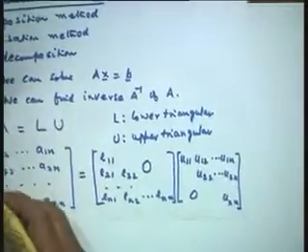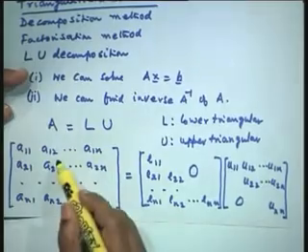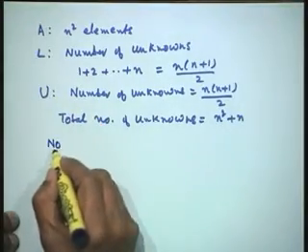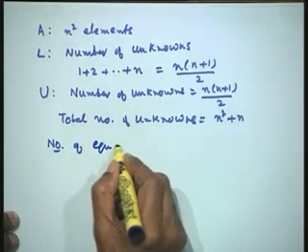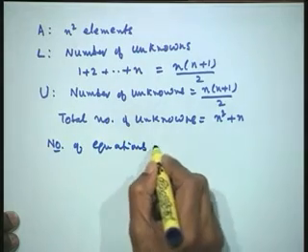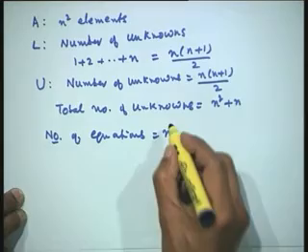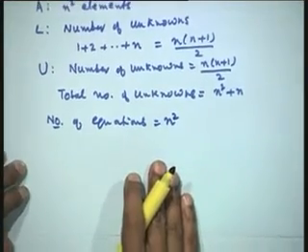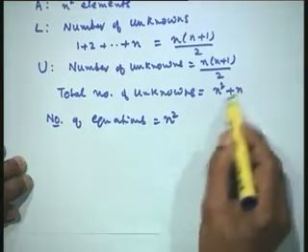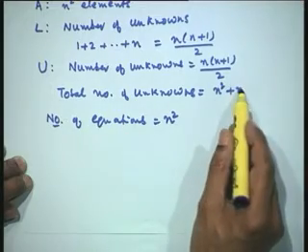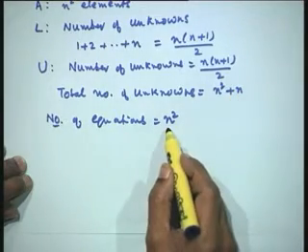When you multiply the right hand side and compare, the number of equations will be equal to the number of elements of A, that is n square. What does that imply? This implies that we have n arbitrary parameters, because there are n square plus n unknowns and n square equations.